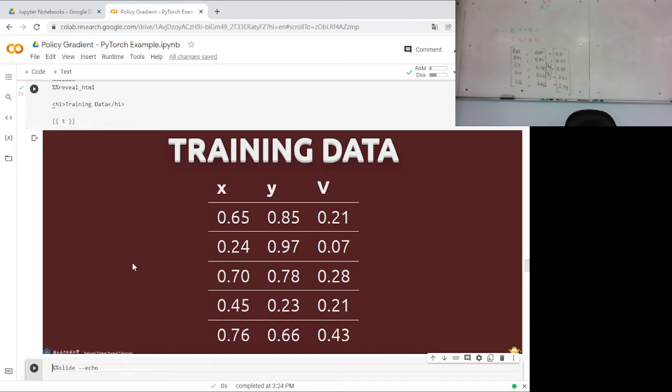So that just reads exactly the same using matrix multiplication. So 0.65 theta 0 plus 0.85 theta 1 is equal to 0.21. Now I'm trying to figure out what is theta 0 and theta 1.